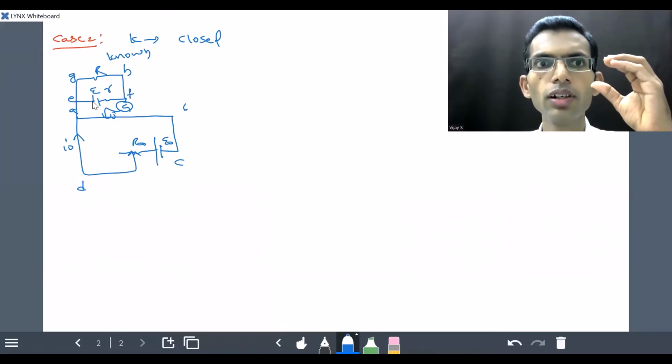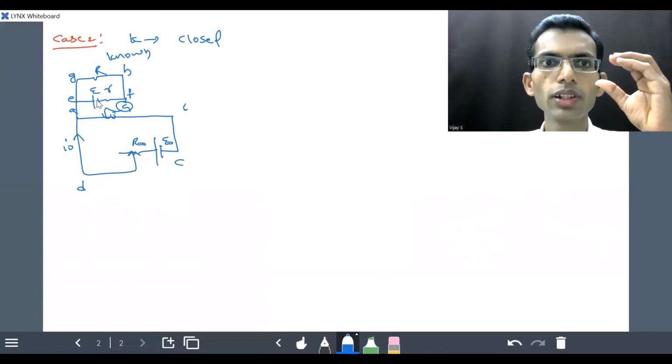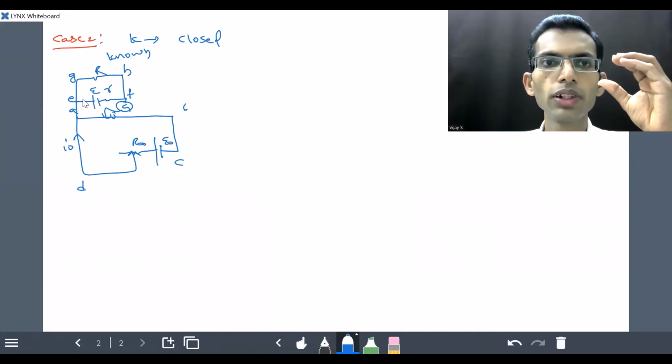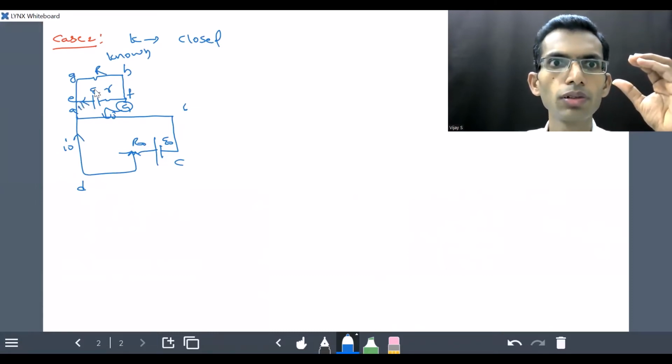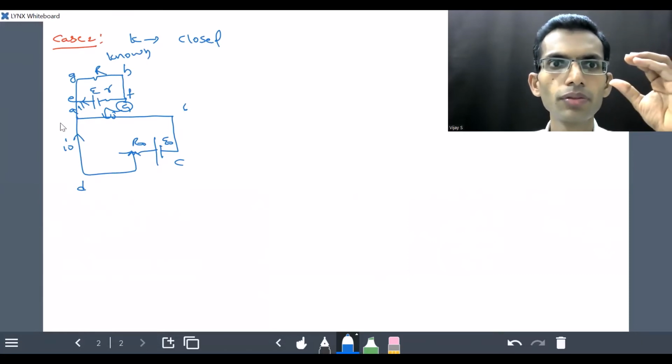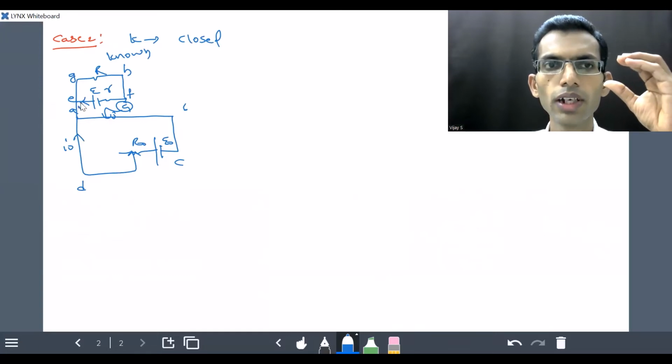This loop, consisting of the cell and the resistance R, is closed. So the cell EMF drives a current in it. Let us say I dash is the current flowing through this loop because of the cell.